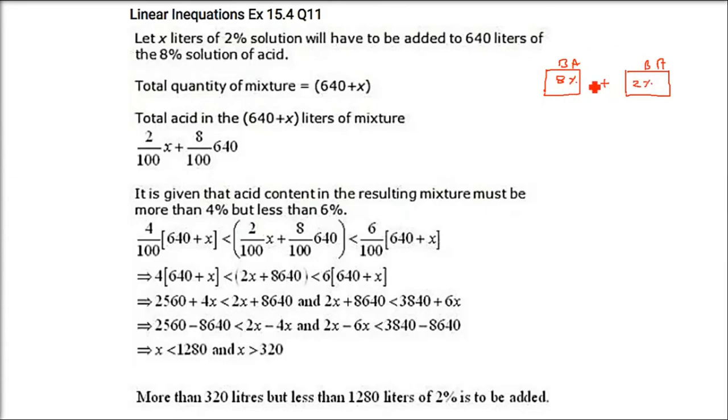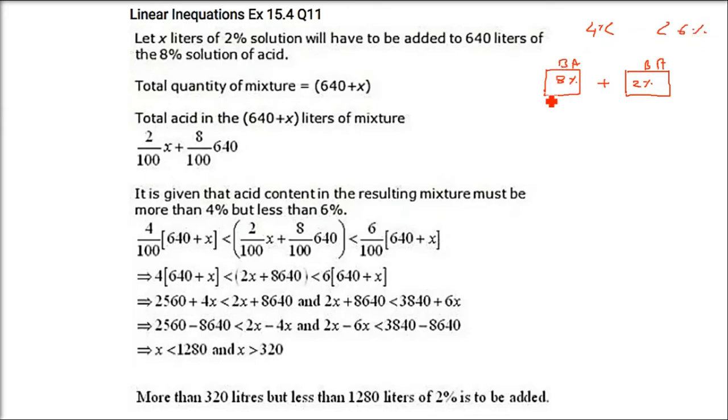Now these solutions are combined. The resulting mixture is to be more than 4% but less than 6% boric acid. So what is the resultant? It should be greater than 4% and less than 6%.